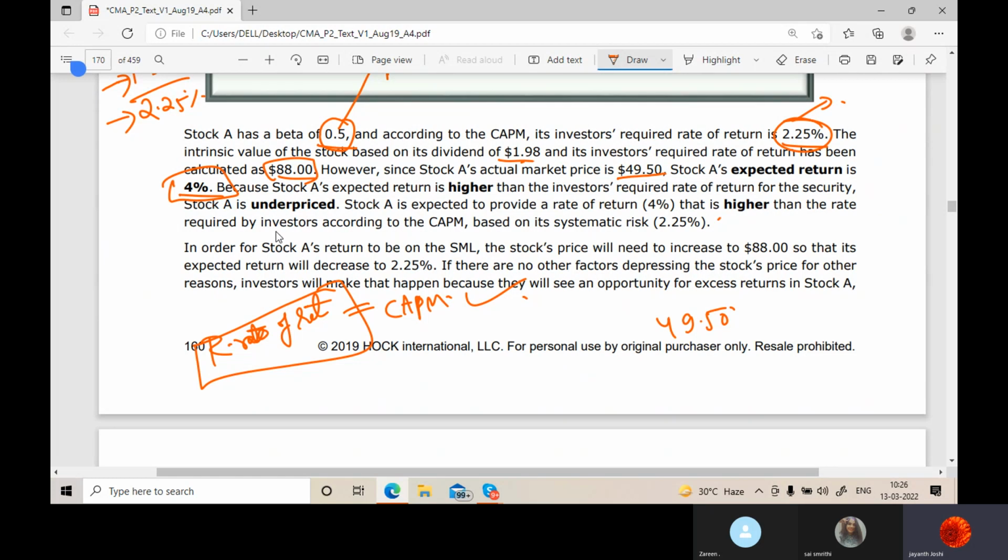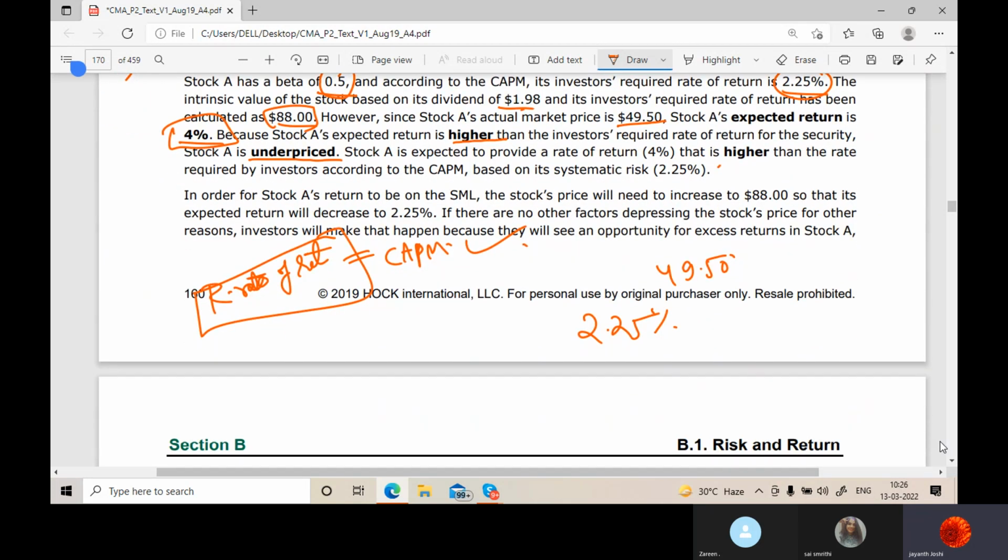Okay, because the stock's expected return is higher than the investor's required rate of return, the security A is underpriced. So what happens? The required rate of return is 2.25%. Correct? So you come to the concept of bond price.